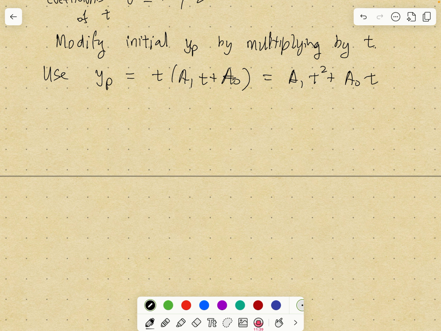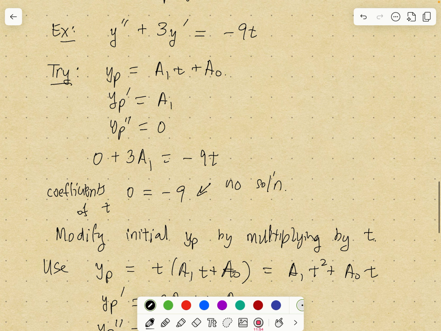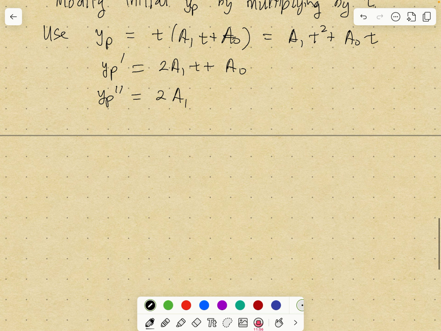So let's try that. When you take the derivative, you're going to get 2a1t plus a0. When you take the second derivative, you're going to get 2a1. So now you plug it into the differential equation up there. So it's 2a1 plus 3 times y prime, that's 2a1t plus a0.